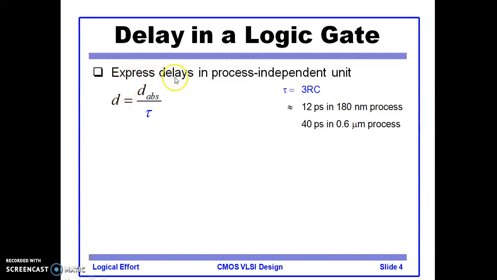So we express the delay independent of units, and we simply represent this delay by a number.